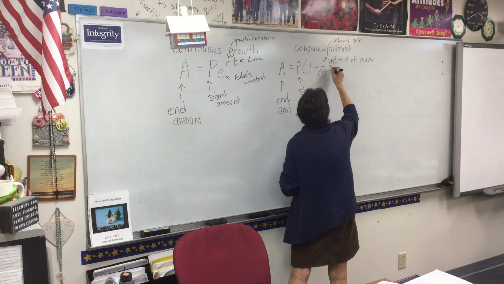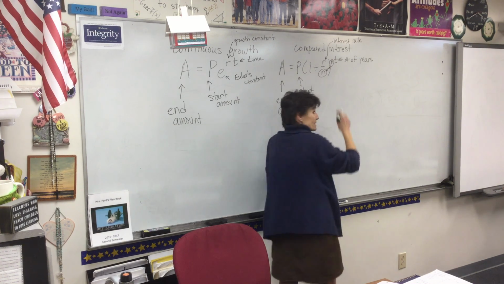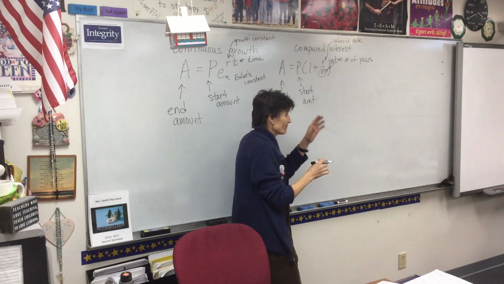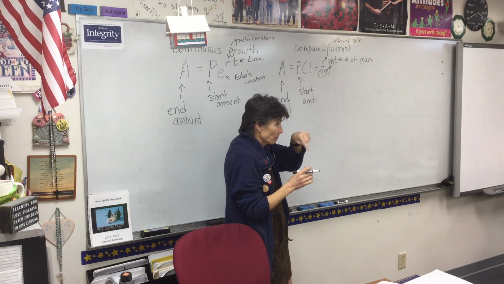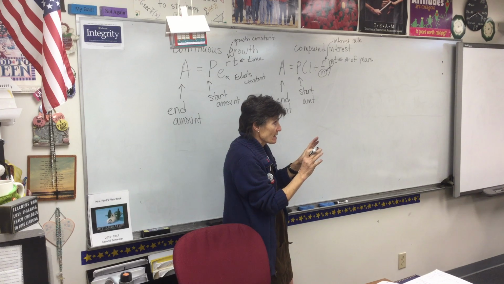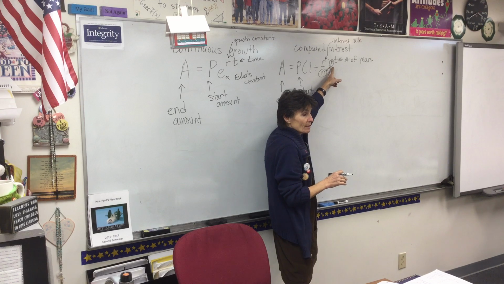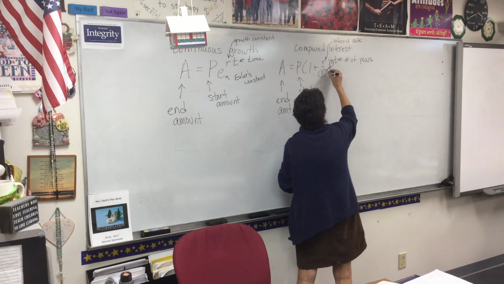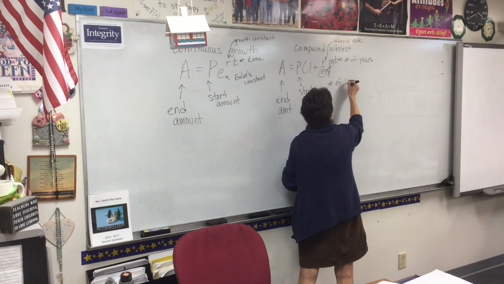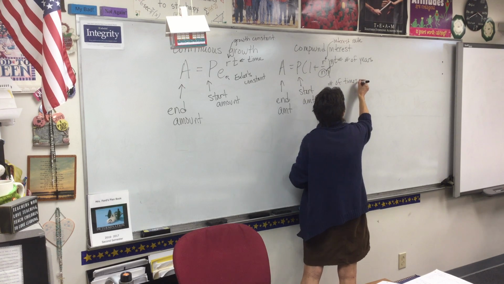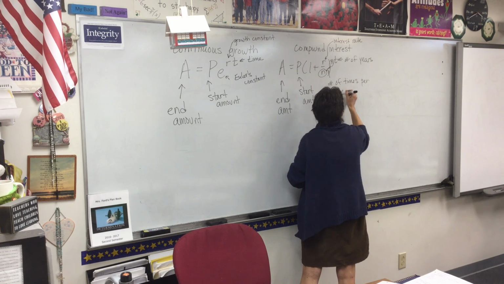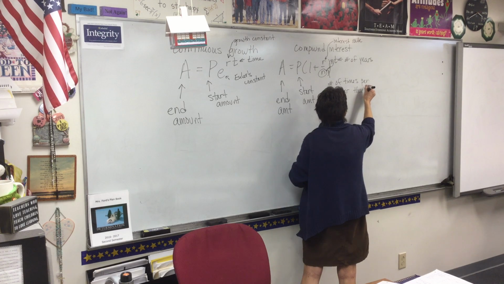And N, there's 2 of them, and they are the same number. If you have the same variable in a formula, it represents the same thing. It doesn't mean 2 different things. So whatever I put here, I'm going to put here. N is the number of times per year that we compound.